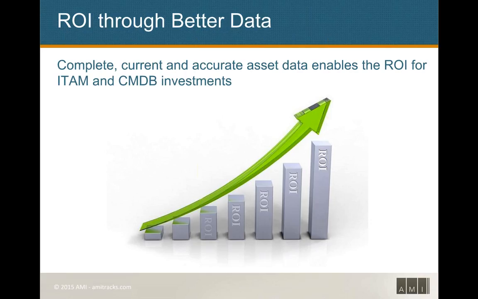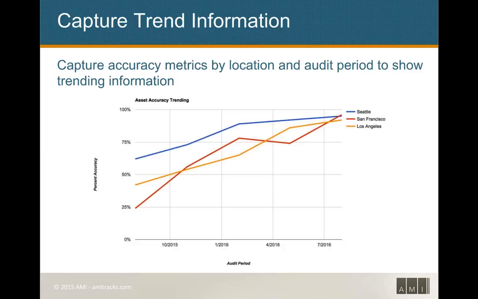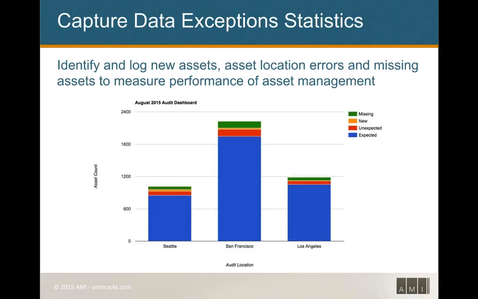By recording those statistics by location, we can generate some accuracy numbers by evaluating, out of the total, what is the total accuracy of that location at a given time. So this is your August 2015 audit dashboard showing you the statistics by location.